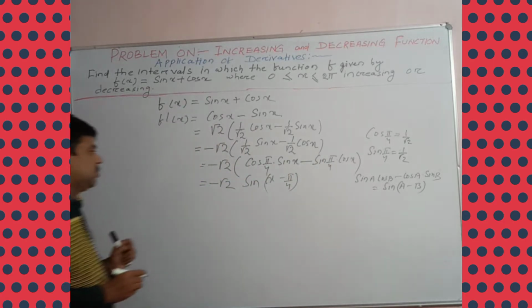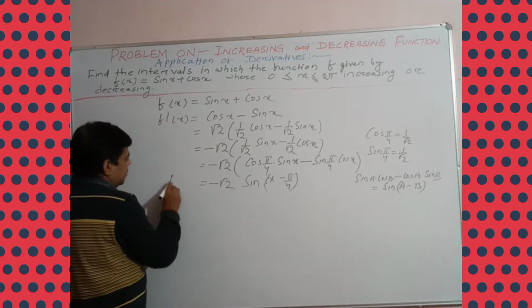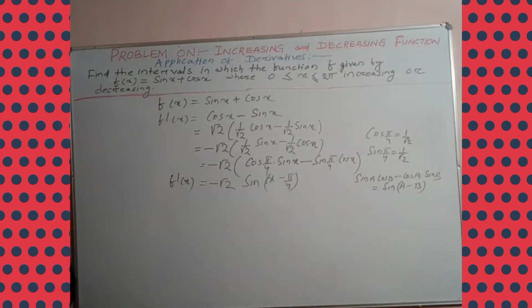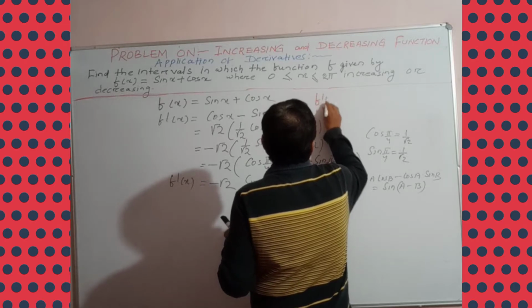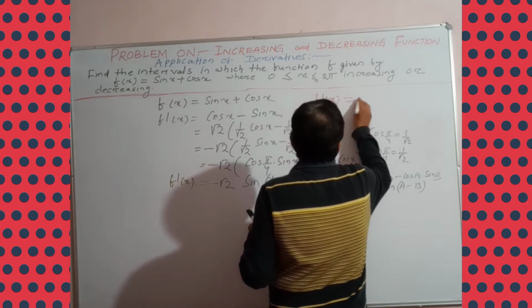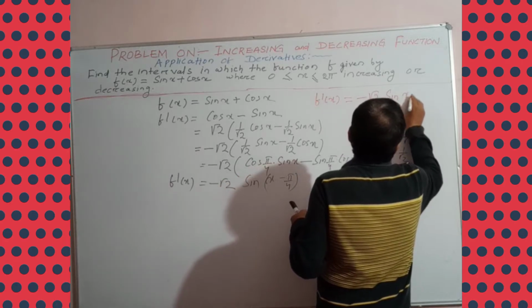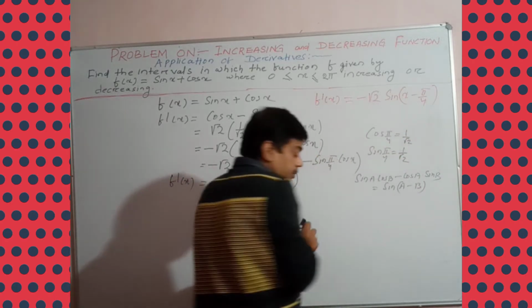Here the formula gives minus root 2 sin(x − π/4). So we got f'(x) = −√2 sin(x − π/4). Is it clear up to this?